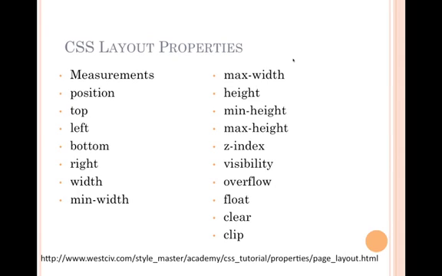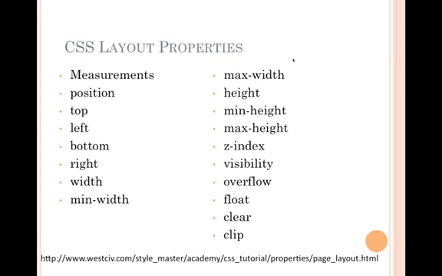And finally, we're going to talk about one of the things that can be a little bit difficult for people that are transitioning from the traditional way of doing page layouts, which has been to use tables to lay out your page. The way you do it with cascading style sheets is using the layout properties to create your page design.